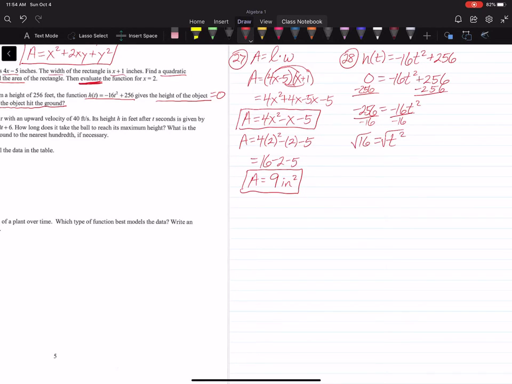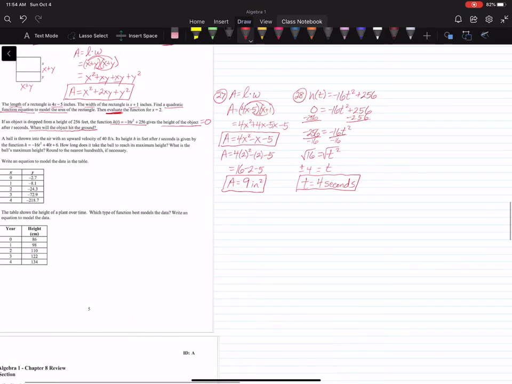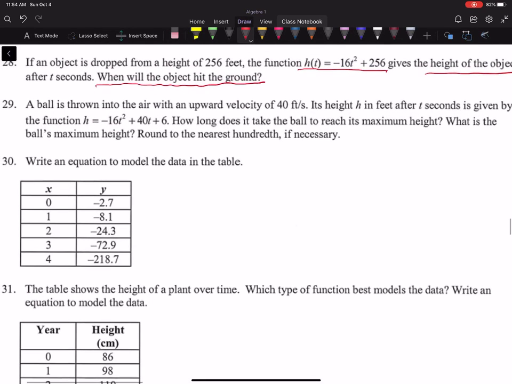So take the square root of that, you get plus or minus 4. But I know my time can't be negative because that would be going back in time. So my time for it to hit the ground would be 4 seconds. Again, I know it's seconds because it told me that the time was in seconds. Okay, it says it right there, t seconds.